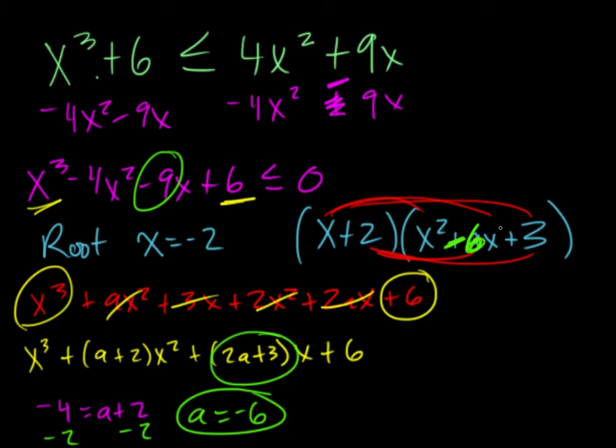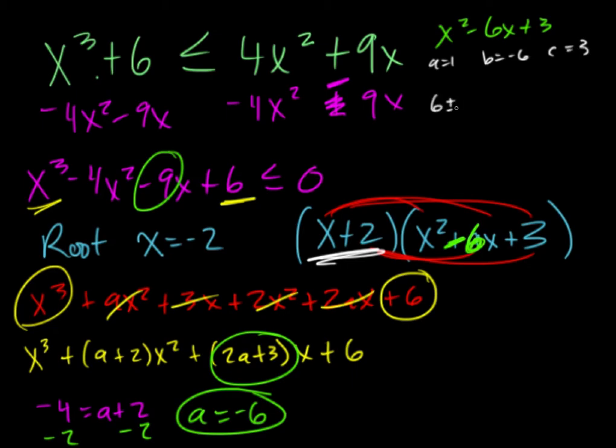Now if we're trying to find the roots, we're just going to use that because we already know the root from here is -2. We plug it into the quadratic formula. So we get a is 1, b is -6, c is 3.